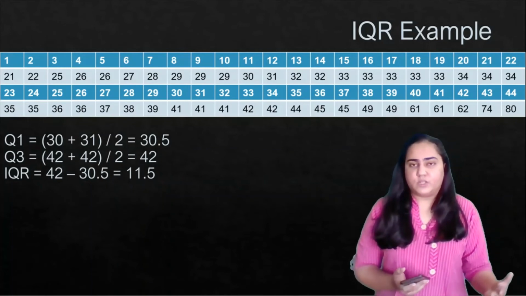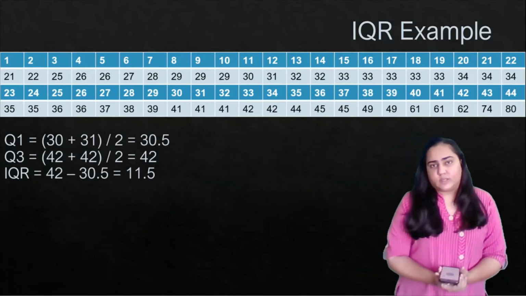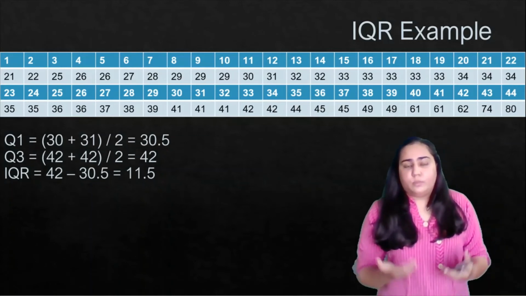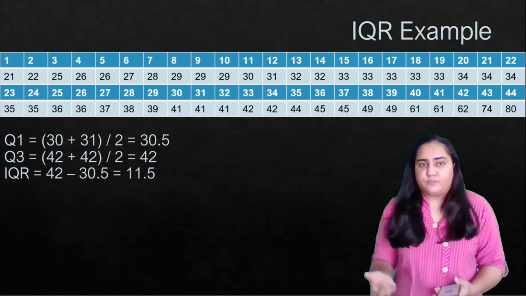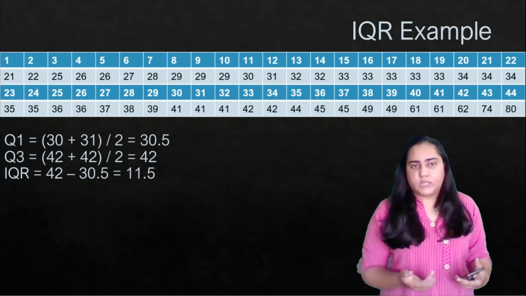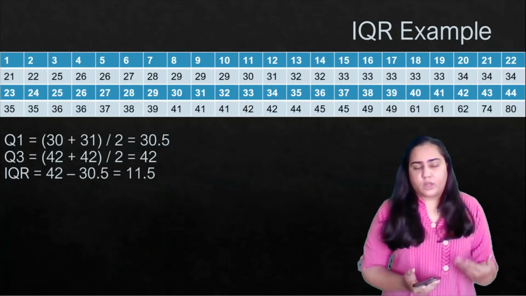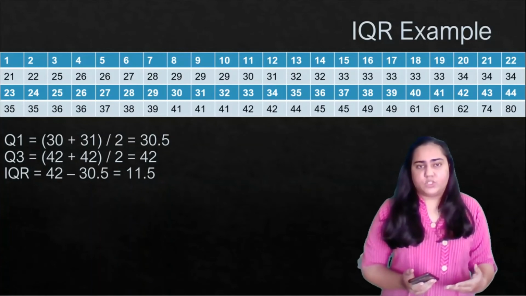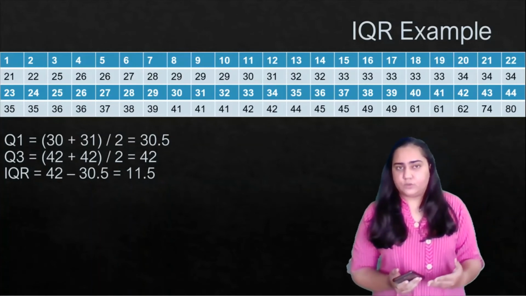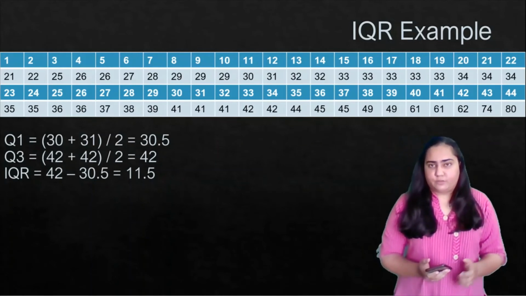If I do 42 plus 42 divided by 2, it's going to give me 42 itself. So my Q1 is 30.5 and Q3 is 42. In order to find the interquartile range, which is the IQR, I just need to subtract Q1 from Q3, which means I just have to do 42 minus 30.5, and that gives me 11.5.